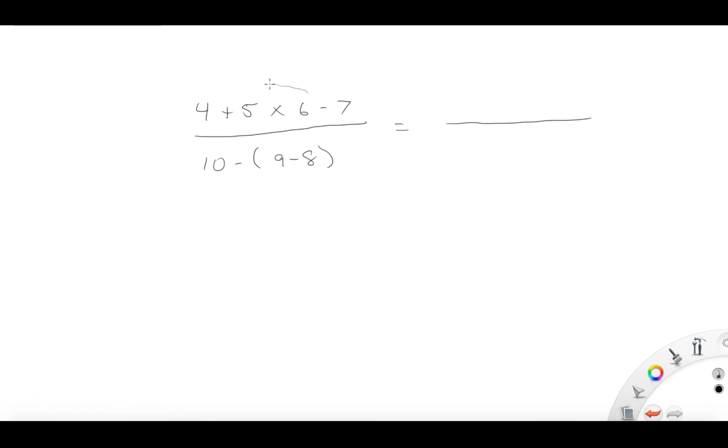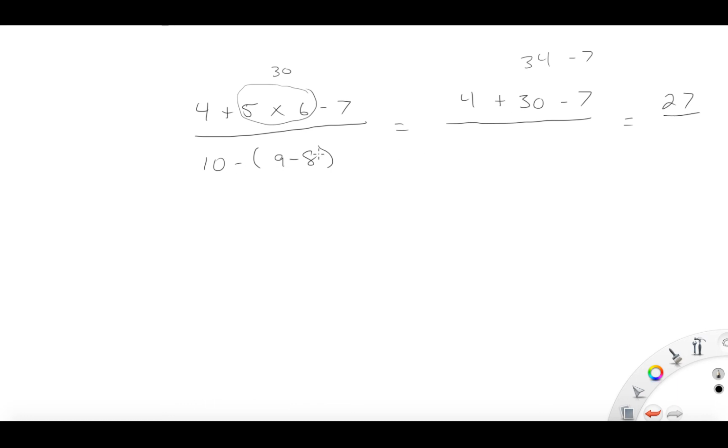And remember, PEMDAS says we do multiplication first. So 4 plus, well, what's 5 times 6? That equals 30, minus 7. So what is 4 plus 30? 34 minus 7. We would say that as 27. So we have 27 on top.